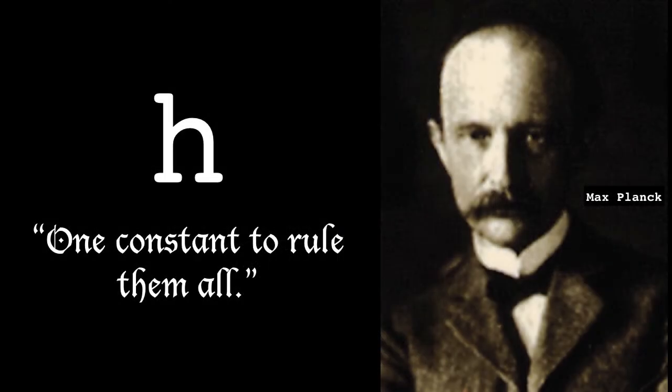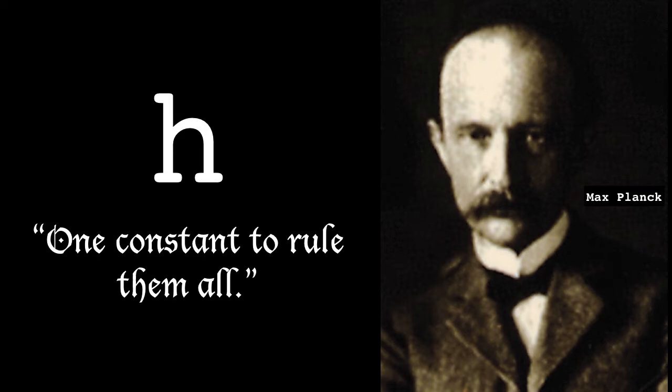Anyway, here's the one thing we've got to remember: Planck's constant, the one constant to rule them all. It's everywhere. Planck was thinking about thermodynamics, and de Broglie was thinking about hydrogen atoms.